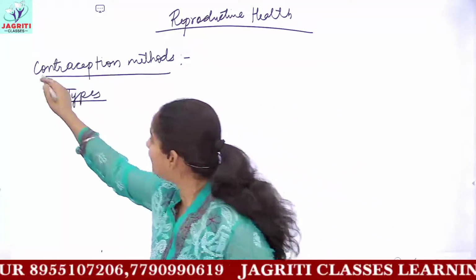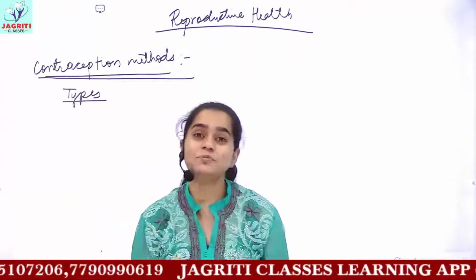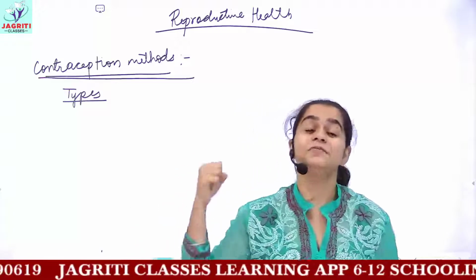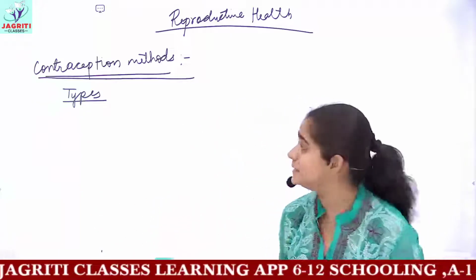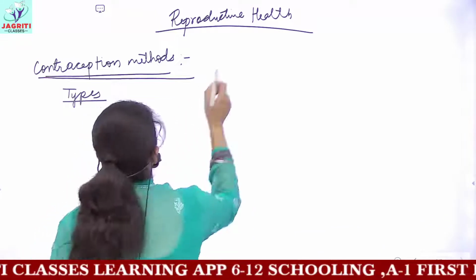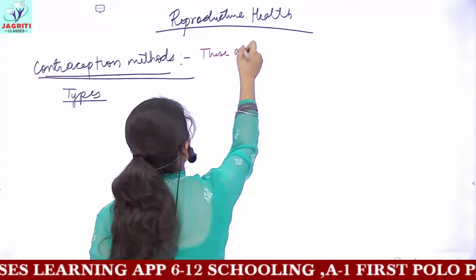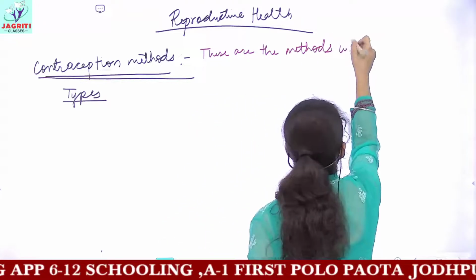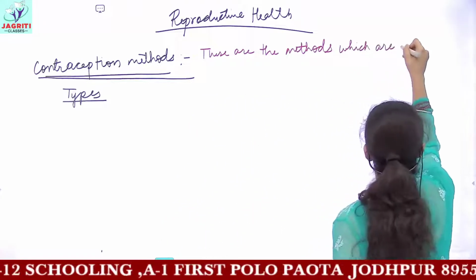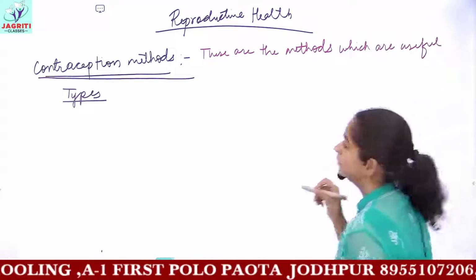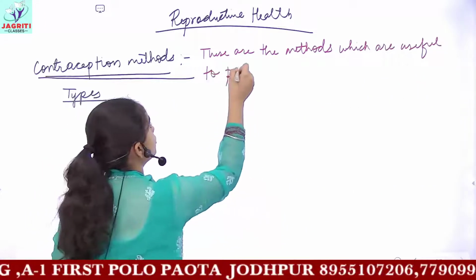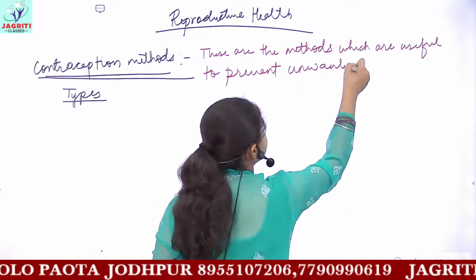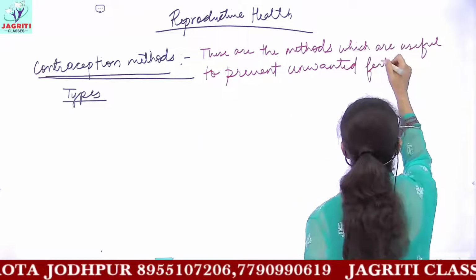So what do you mean by the term contraception method? Contraception methods are the methods which are used for preventing unwanted fertilization or unwanted pregnancies. So for defining contraception methods, these are the methods which are useful to prevent unwanted fertilization.